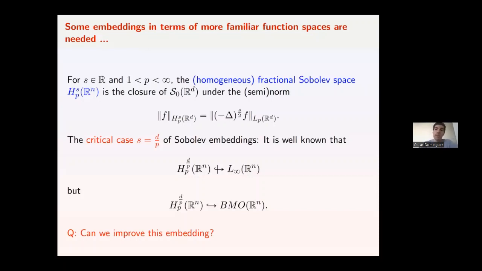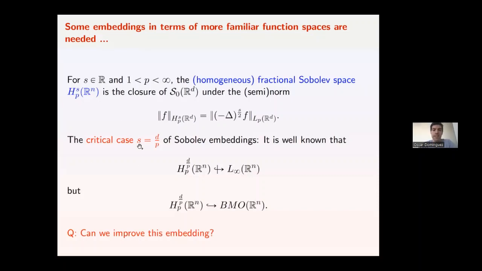One can define the fractional Sobolev space as the closure of the Schwartz functions modulo polynomials under this seminorm. So we take the L^p norm of the fractional Laplacian of f.